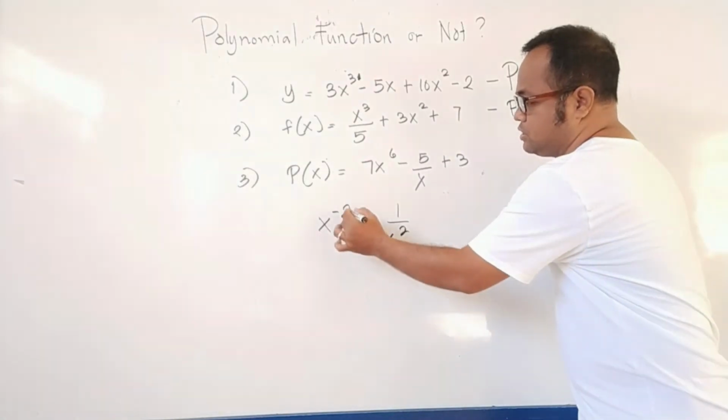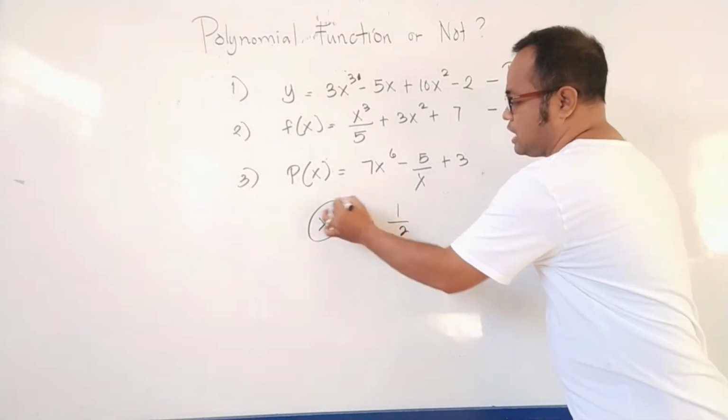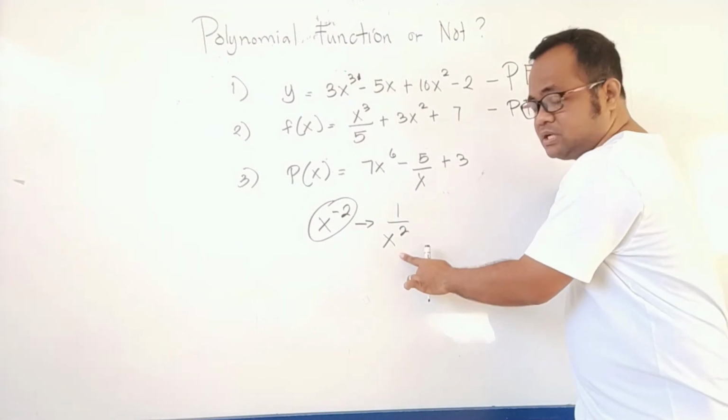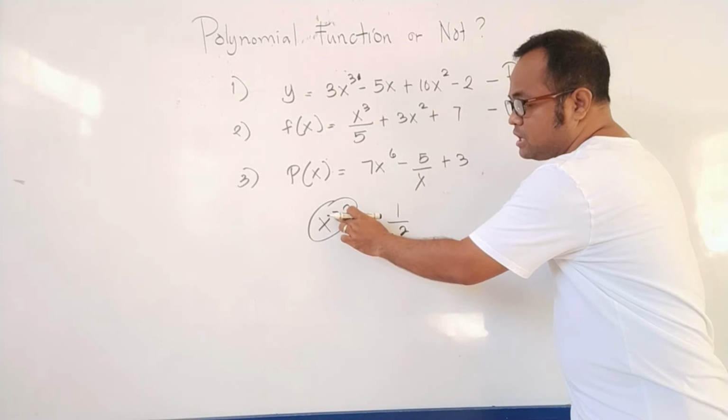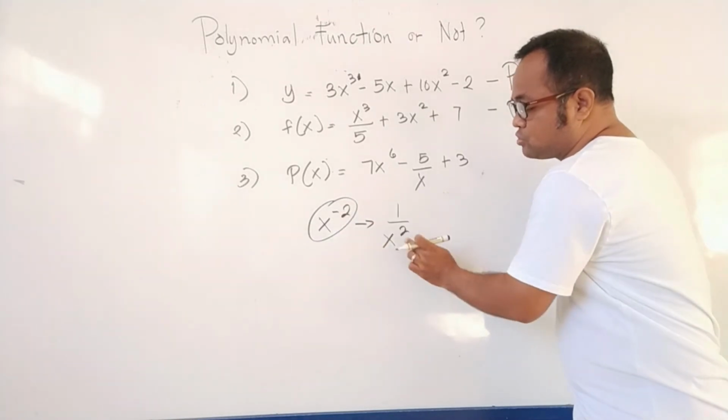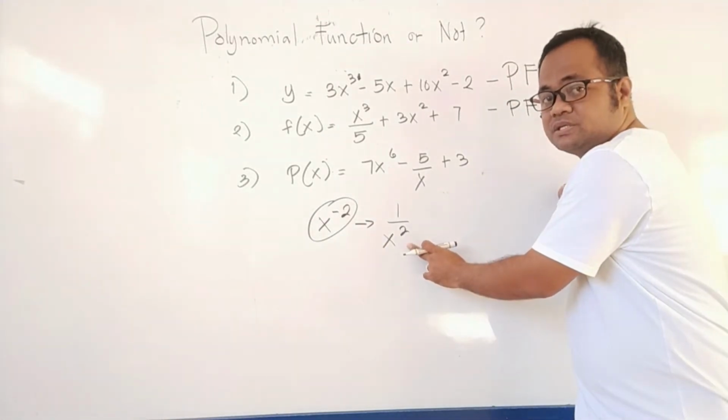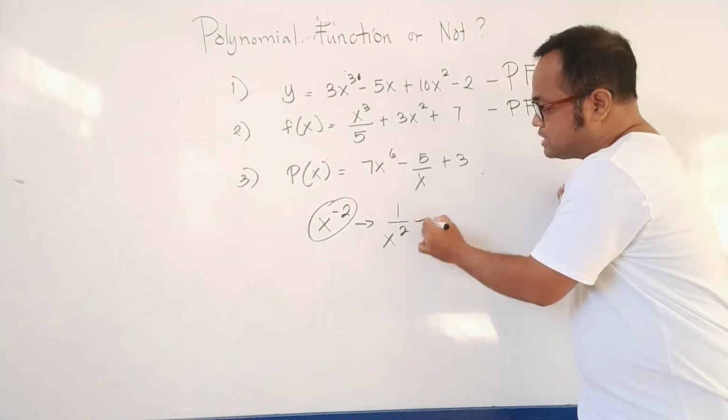Okay, you reciprocate this, and it will become 1 over x raised to negative 2, right? Then change the exponent negative to positive.